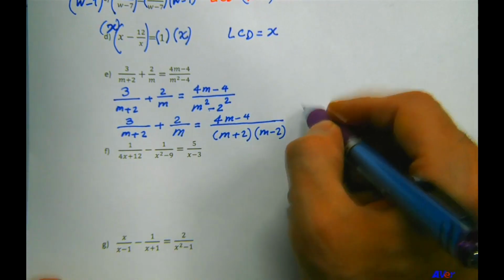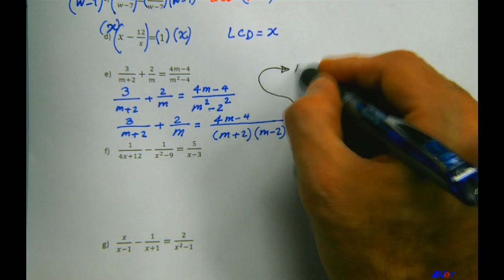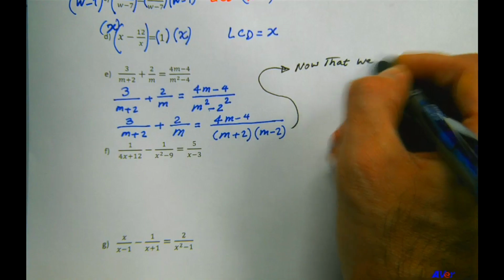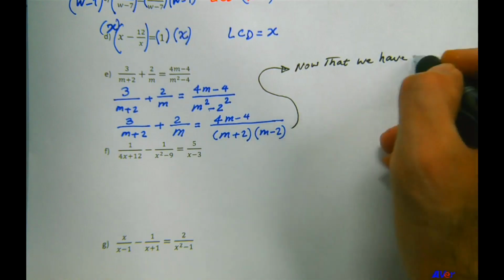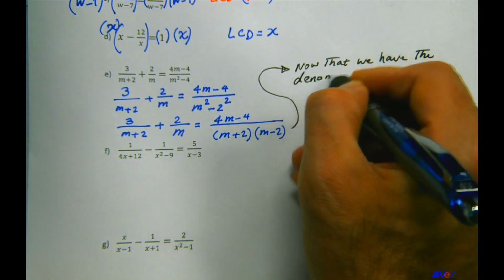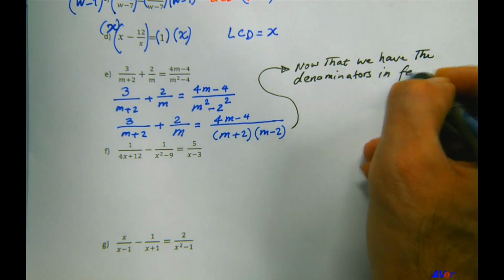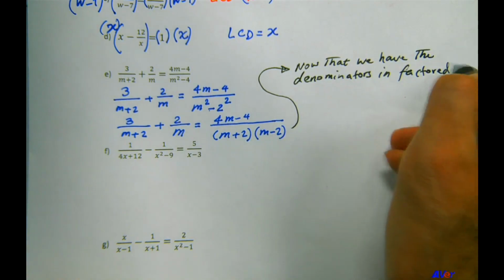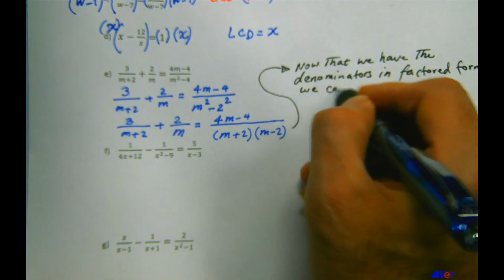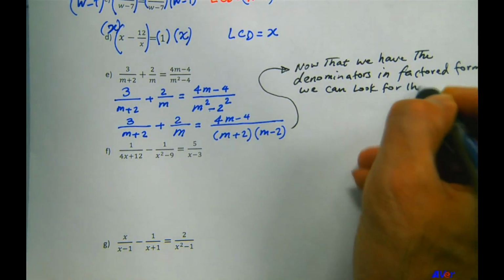So the LCD, now that we have the denominators in factored form, we can look for the LCD.